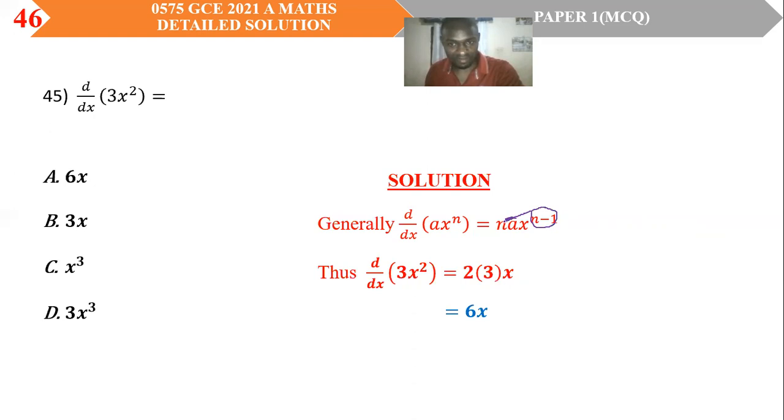So d/dx of 3x squared, you see that the 2 will come down, multiply 3, and we'll have 2 times 3 x to the power 2 minus 1. This is equal to 6x to the power 2 minus 1, which is to the power 1. 6x to the power 1. Answer 6x. So the answer is A.